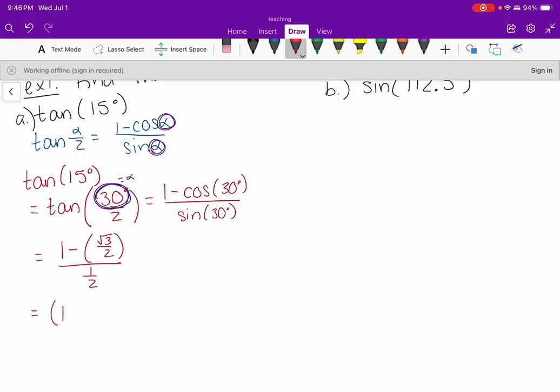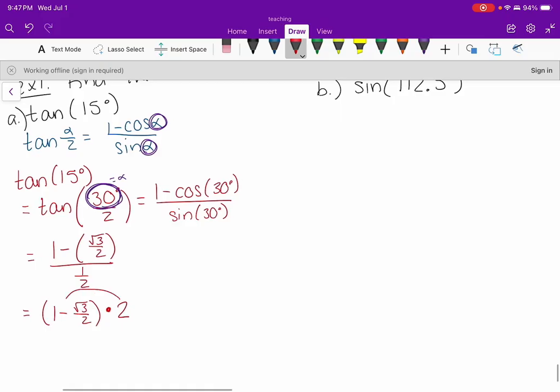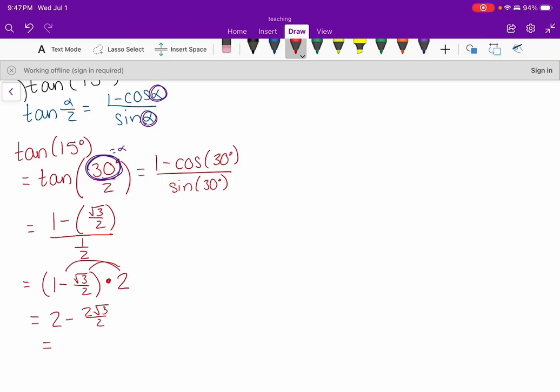So I have 1 minus square root 3 over 2. And instead of dividing both of those by 1/2, I'm going to multiply both of them by 2. Distribute will give me 2 minus 2 root 3 over 2. So I get 2 minus square root 3.